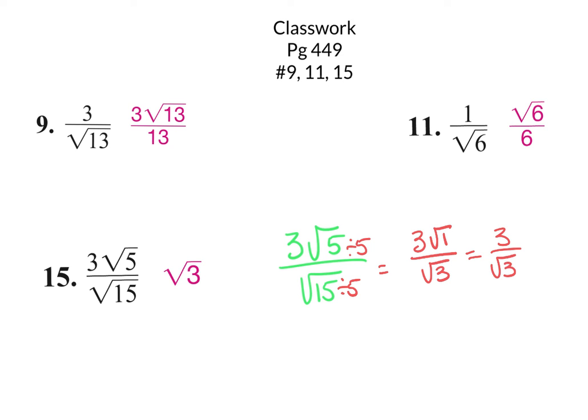This is not simplified yet, though. We want to multiply the top and the bottom by the square root of 3. So on the top, we get 3 square root of 3, and on the bottom, this just becomes 3. And then we can reduce the 3 over the 3 becomes 1 over 1, which just gives us the square root of 3.